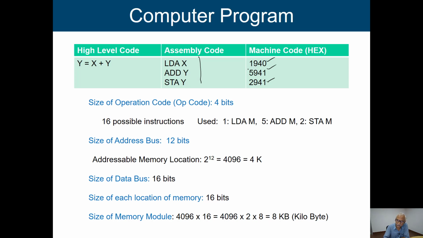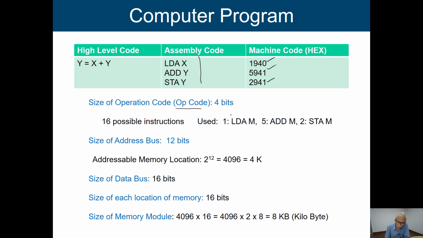Again we know that these are the three instructions that we are doing: 1, 5 and 2. Along with that we are giving the address of the memory location. Already we have seen that in this particular case we have a total of 16 bits in a memory location. Out of the 16 bits, 4 bits are used to indicate the operation code, or what operation we are going to perform, and in short we say this is the opcode.